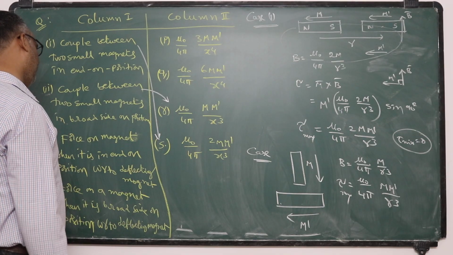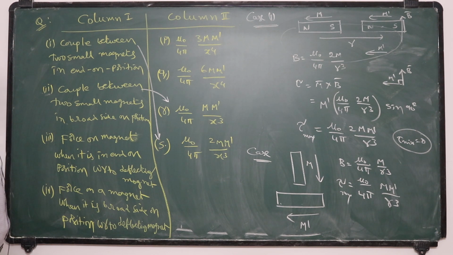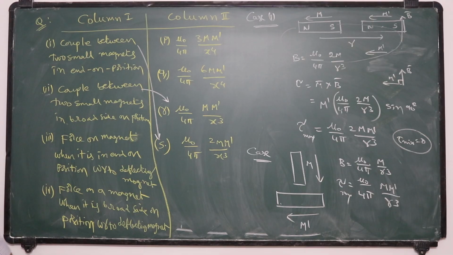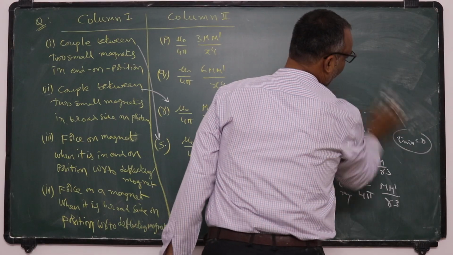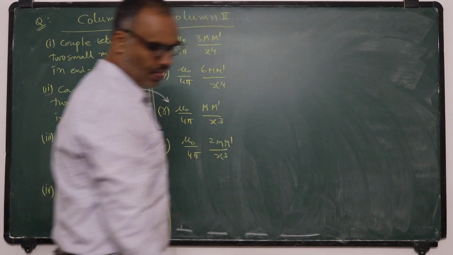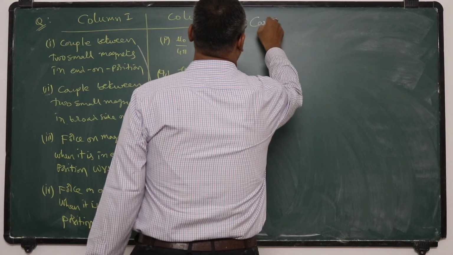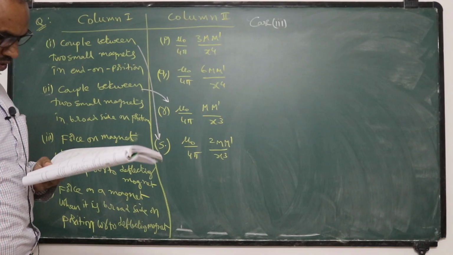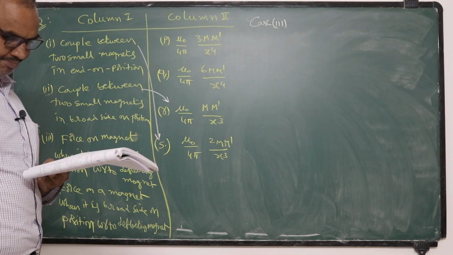For third question, force on magnet when it is end on position with respect to deflecting magnet. So let me discuss the third case here. In case 3, we are required to find the force between them.